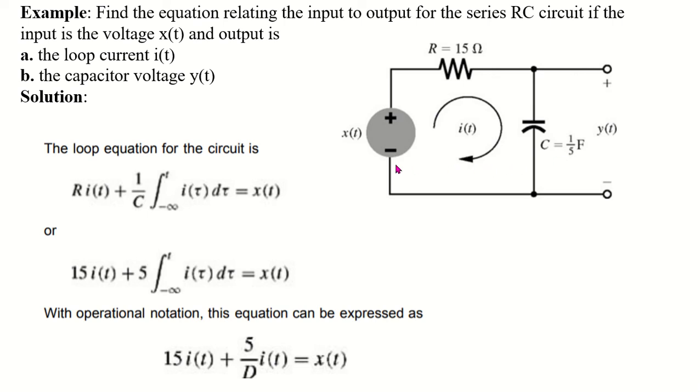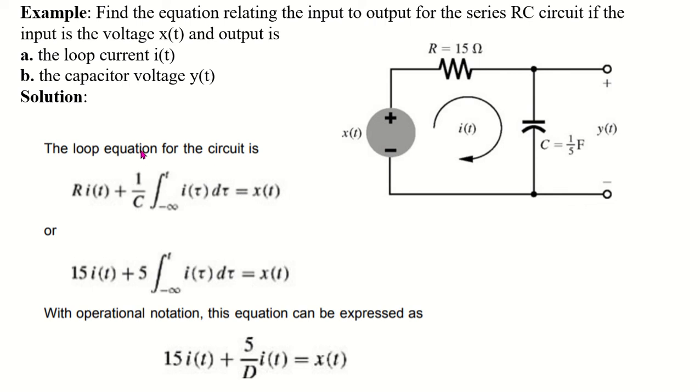We will first focus on the input x and the output i for the first case, and try to come up with the input-output description, which will be the mathematical representation of the system, where x is taken as input and i as output.